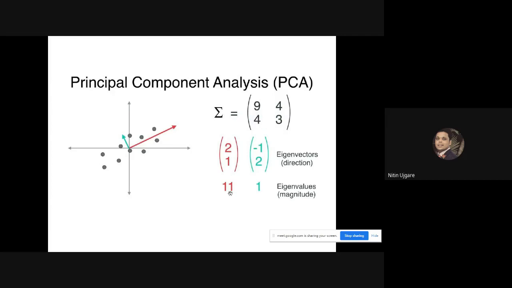Out of these two eigenvectors, the first eigenvector has the highest magnitude value, so it wins, and the second eigenvector is out. Because it has the lowest eigenvalue, we are not going to consider it. We'll simply ignore the second eigenvector.